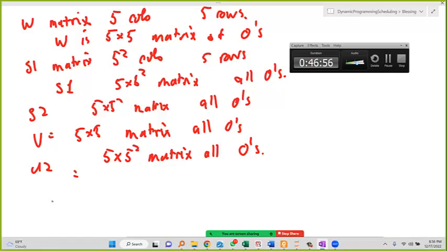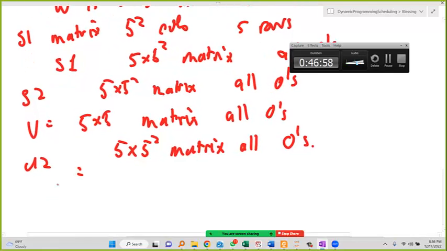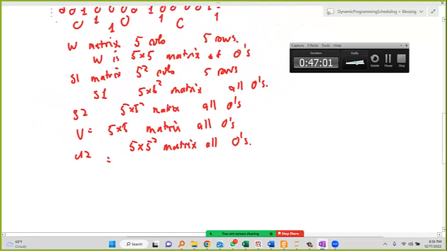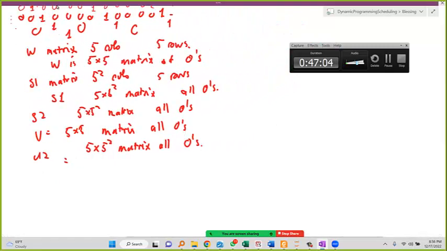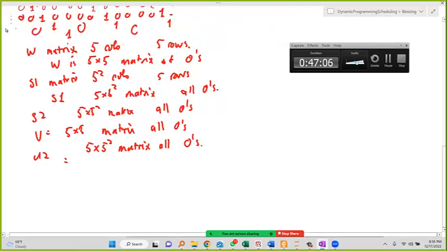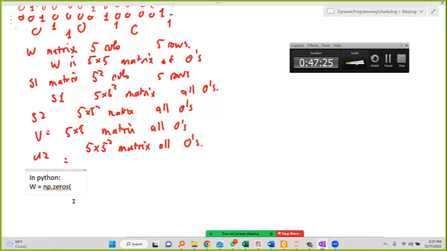So if I was going to do this in Python, W equals np.zeros. In this case, it says 5 by 5, but since we're using n equals 5, this would be n.